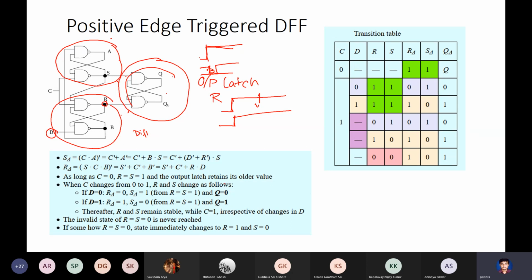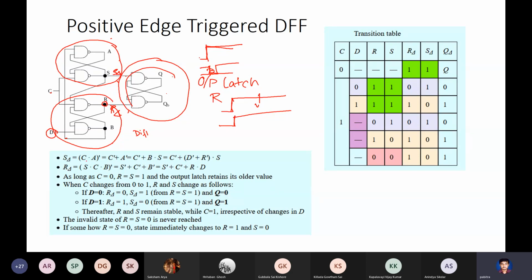You can actually analyze it. This S and R are called the differential S and R, so it's S delta and R delta. These are the differentials. This is the clock. This is the D input. This is sometimes called the A input, and this is the B input, and these are the outputs.